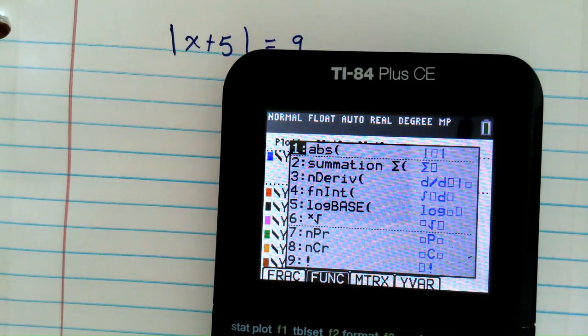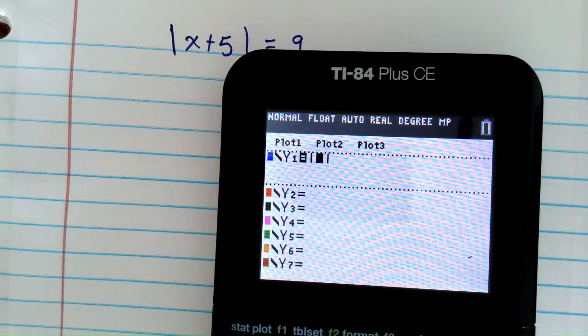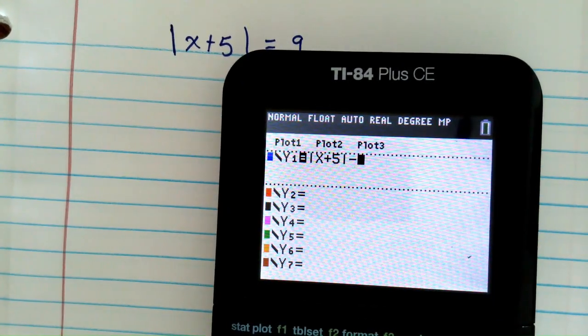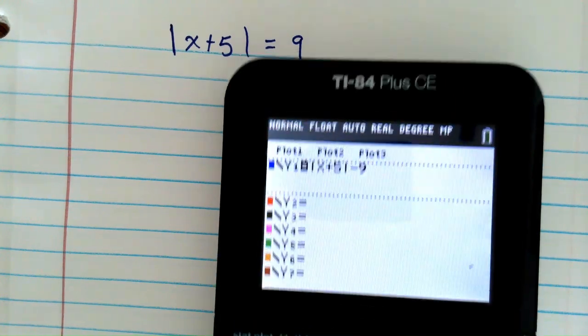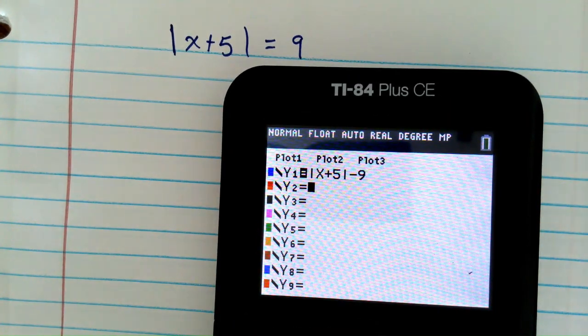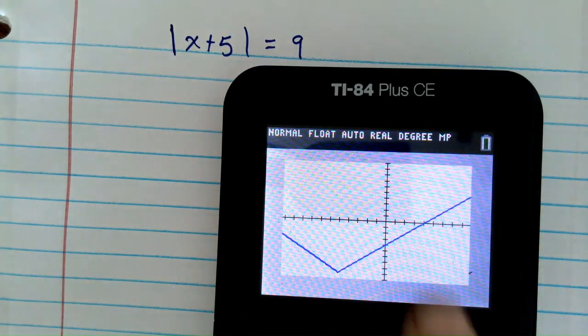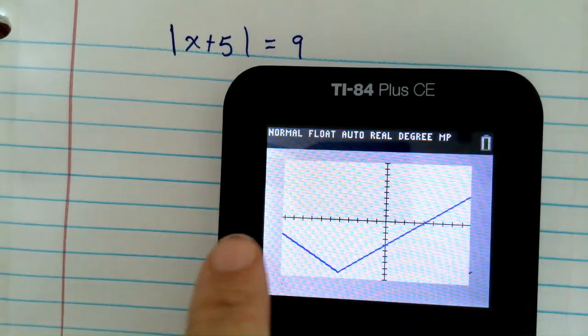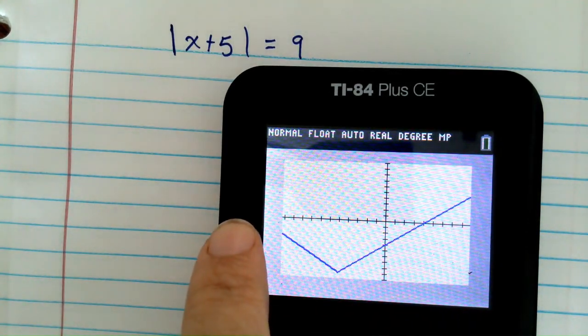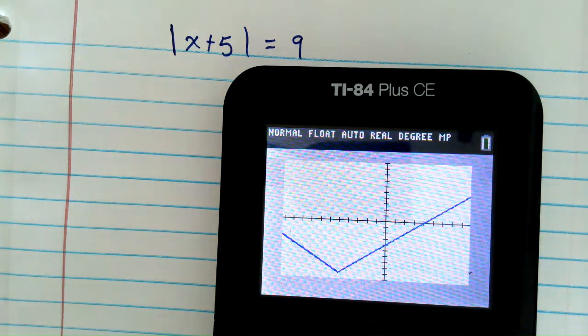Let's see if I can get that refocus. There we go. Our number 1 menu is absolute value, and we have x plus 5. And I'll subtract the 9 over, so it makes it equal 0. And when we graph it, we're seeing for sure an answer at 4 and then an answer clear out here. So we'll go ahead and find out what that is.